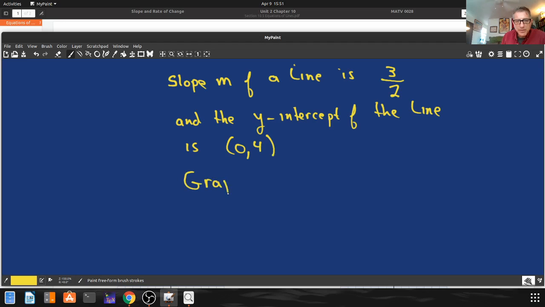Graph the line. I'm going to show you two different ways to do this.